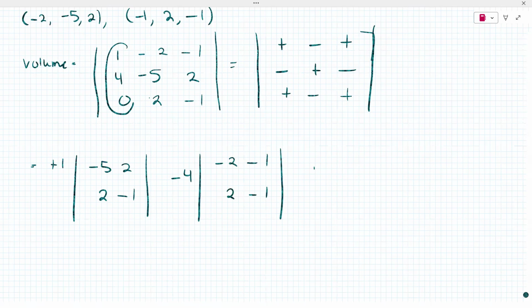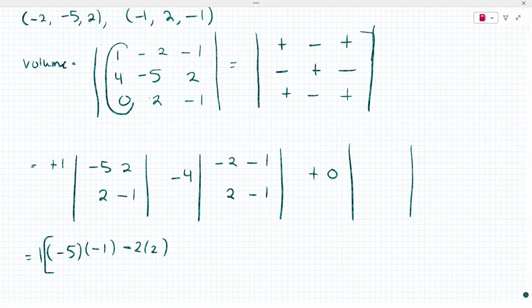And this 0, I don't really care, because 0 times anything is 0. So it's the determinant of this, -5 times -1, minus 2 times 2, then -4 times -2 times -1, minus -1 times 2.